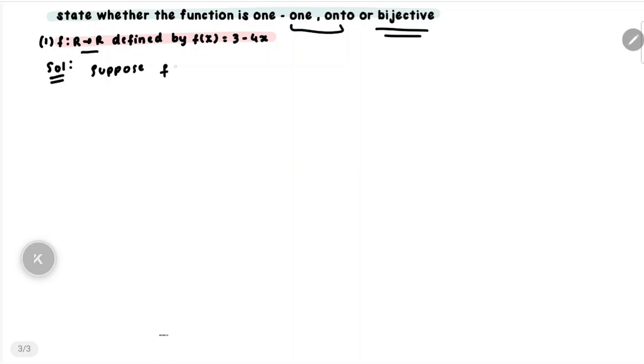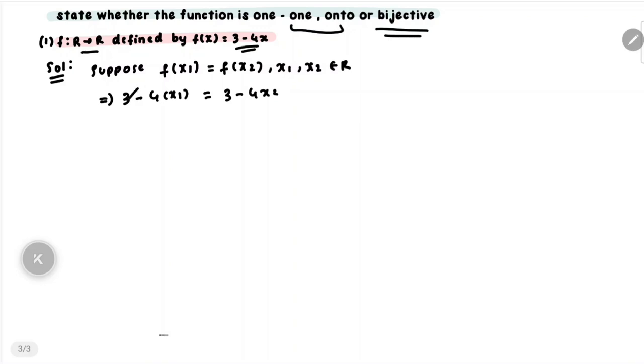Suppose we have to write the condition f of x1 is equal to f of x2, where x1, x2 belong to R. We wrote the condition, so make sure you use this here. So 3 minus 4x1 is equal to 3 minus 4x2.